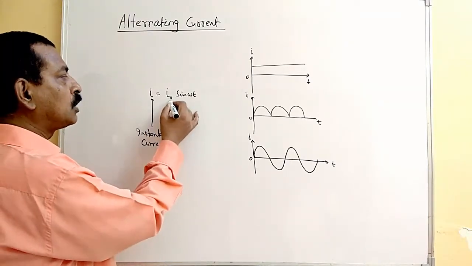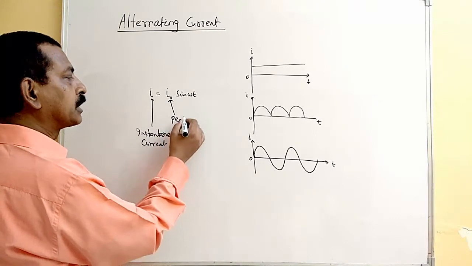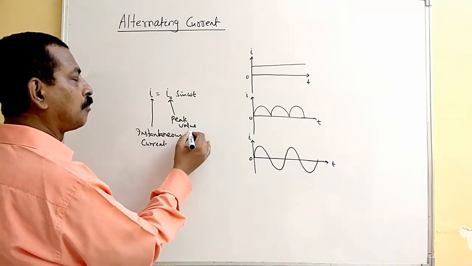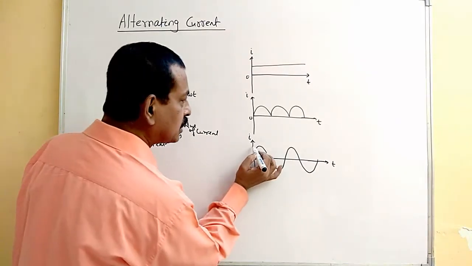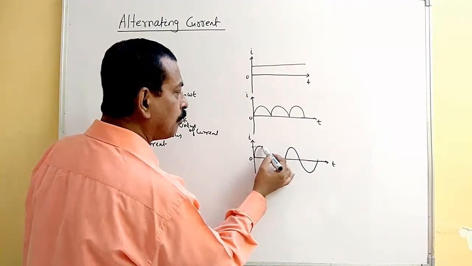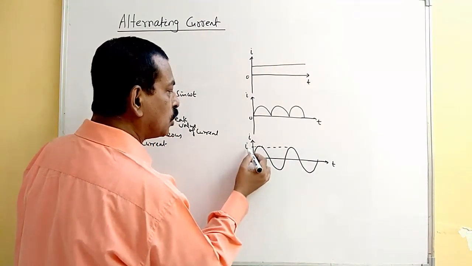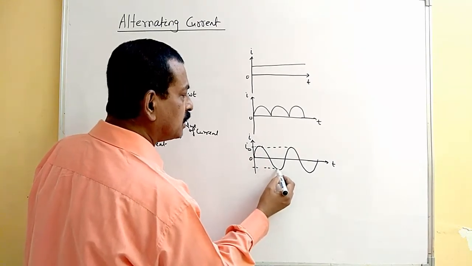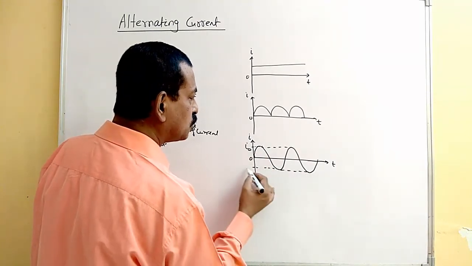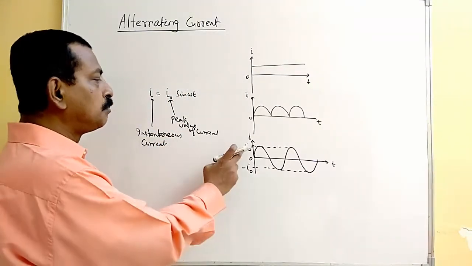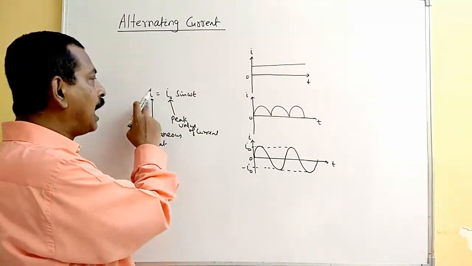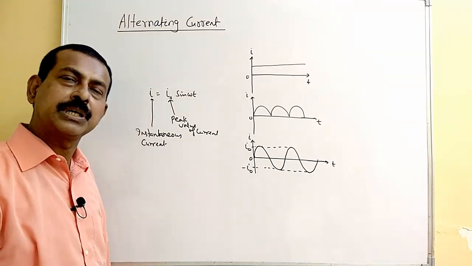Whereas this I naught will represent the peak value of current. Like here, you see this is the peak value. So this is your I naught. Similarly, in the other direction also, we can show that this is your minus I naught. So this is the peak value and I is the instantaneous value of the current.